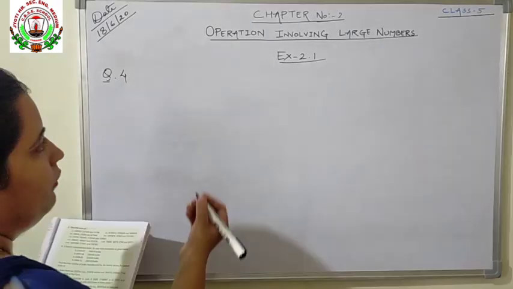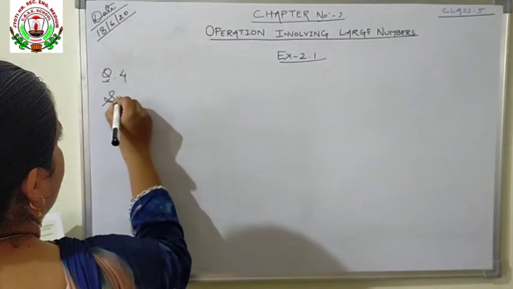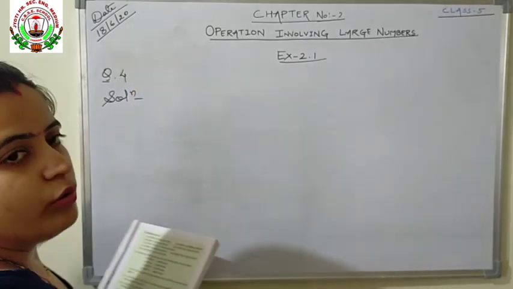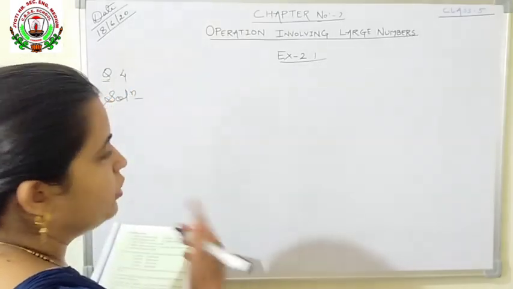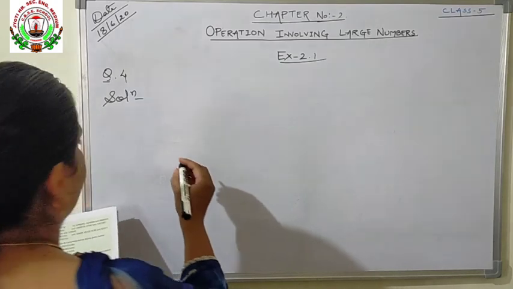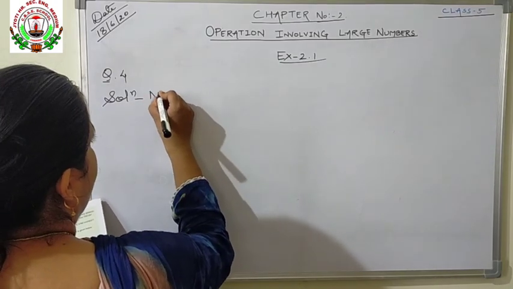Okay, so we will write the statement here. I am not writing the question, I am writing the solution only. You have to write the question and then the solution. What will be the statement?